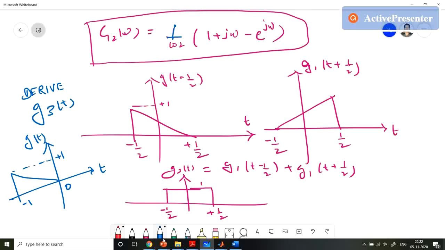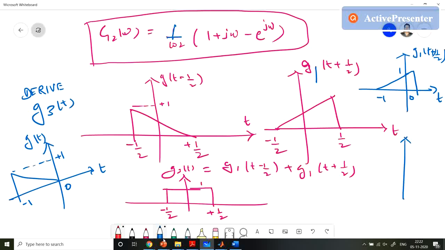And what is G1t? This is G1t. If we shift this signal to the left by half, we get G1t plus 1 by 2.